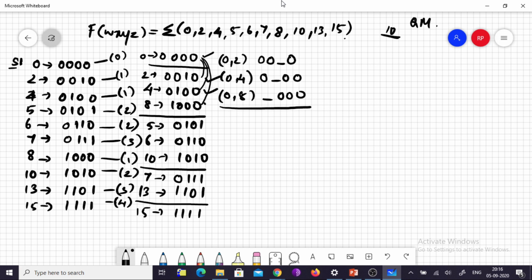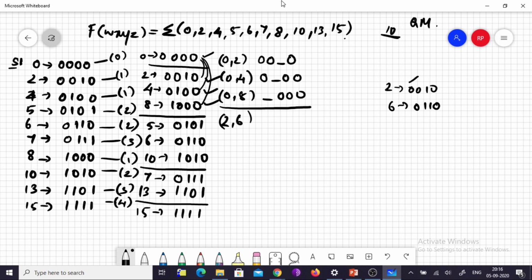Now I'm going to do the comparison between the second set and the third set. So I have to compare 2 and 5. If I compare 2 and 5, I have a 2-bit change. The second bit is changing and the third bit is changing. So 2 and 5 cannot be a proper group. So I will go for 2 and 6. If I compare 2 and 6, that can be a proper group, because 2 is 0010 and 6 is 0110.